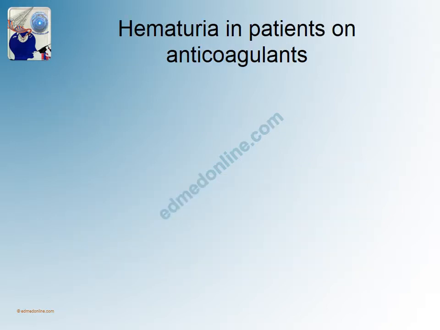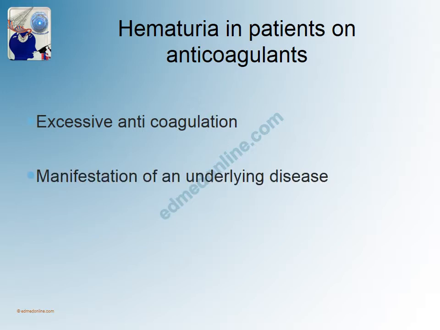So if there is presence of hematuria in patients on anticoagulants, it means that there is either an excessive anticoagulation or hematuria is basically a manifestation of an underlying disease.